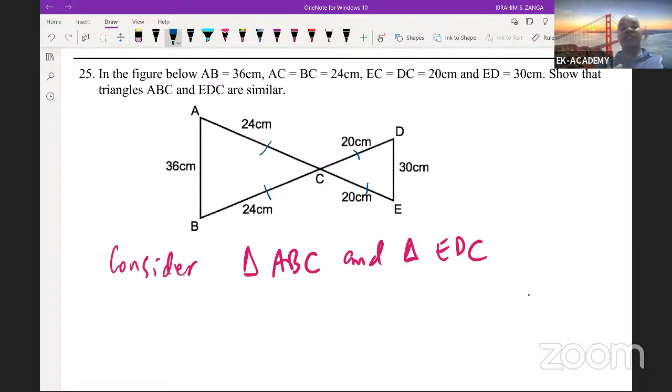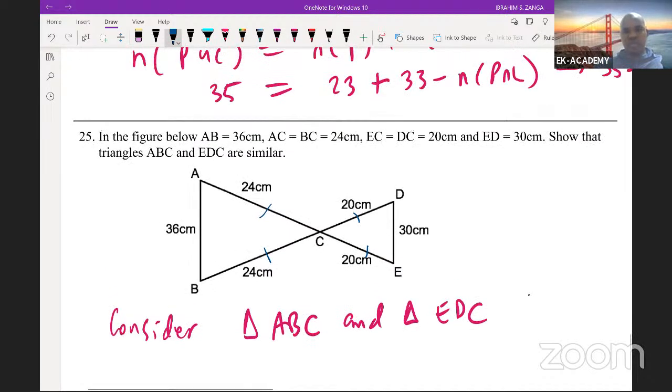So the way we are going to show similarity of these two triangles, ED is 30 centimeters and AB is 36.